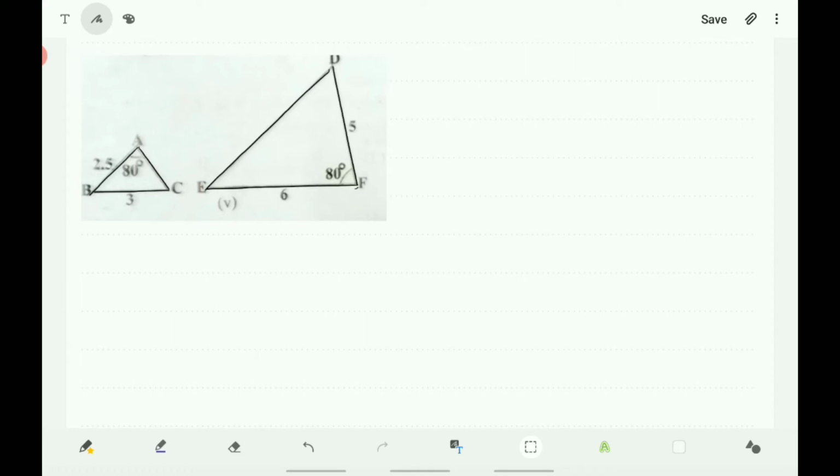So as AC is not given, you can't use the SAS similarity criteria, and you can conclude that triangle ABC and triangle DEF are not similar triangles.